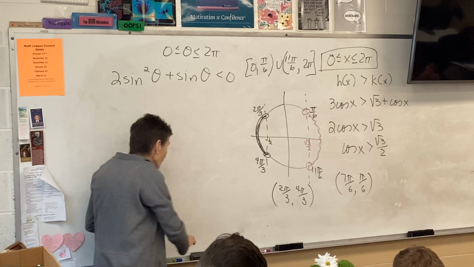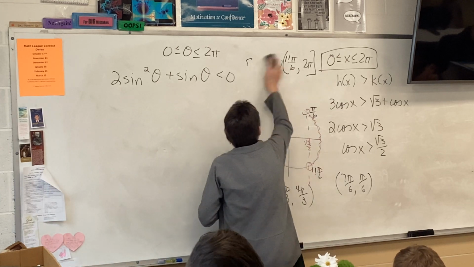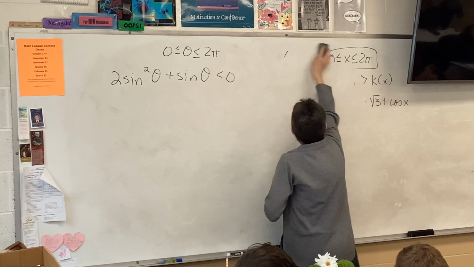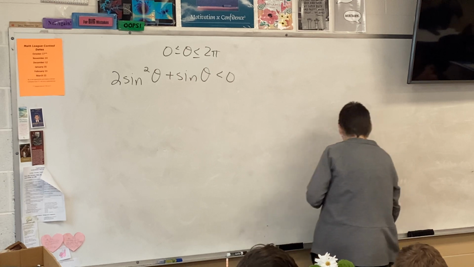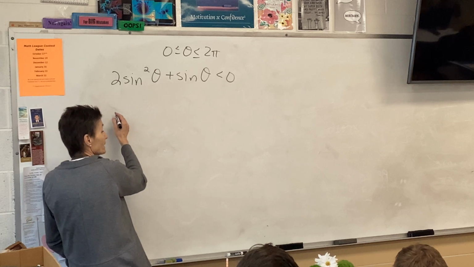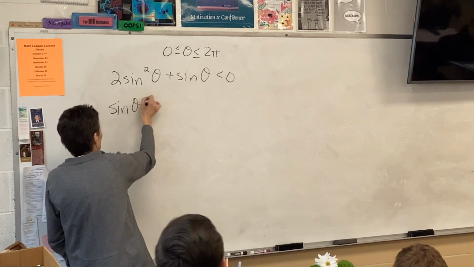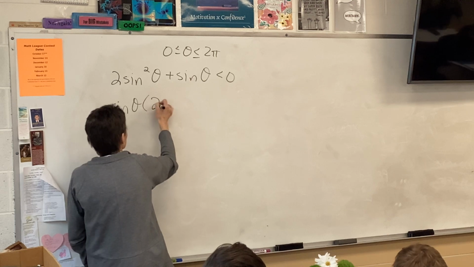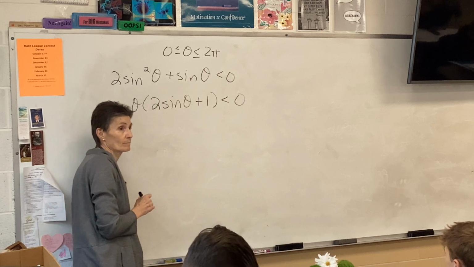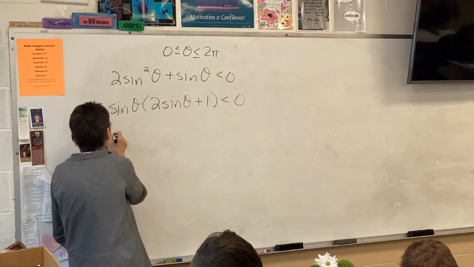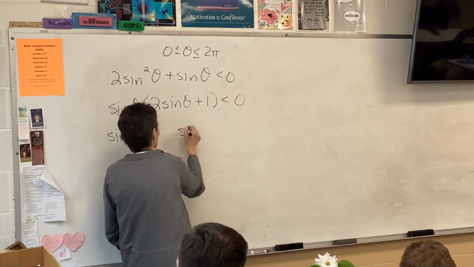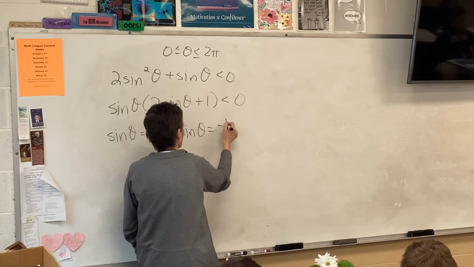All right, so tell me what you think we ought to do to get started on this. We should factor. Absolutely, we should factor. And when we factor, we're going to get sine and then 2 sine plus 1. We should have set those both equal to 0. So my key values are going to be where the sine is 0 and where the sine is negative 1/2.